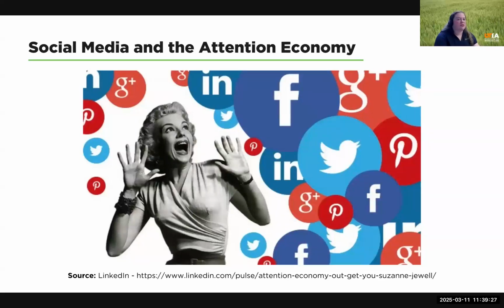And for businesses, you have to compete with other businesses and other brands on social media to win that customer's attention. This goes for social media, online shopping, really anything in that digital space. So in a nutshell, our time is limited, and time is really money when it comes to social media.